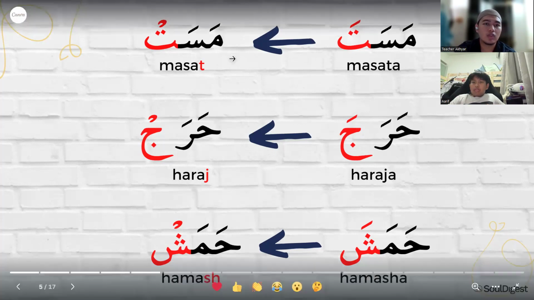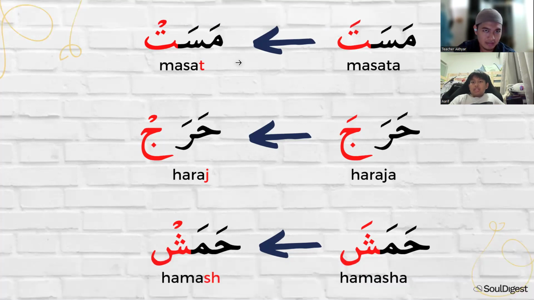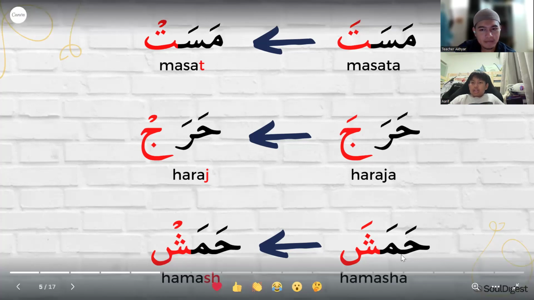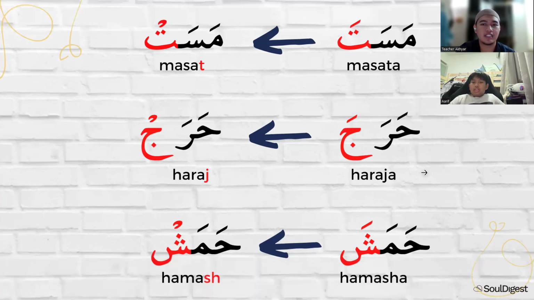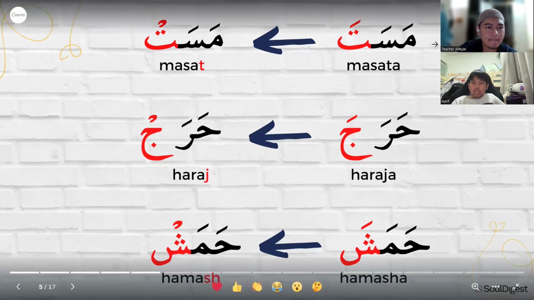But then with waqf, it becomes masat. Okay, correct. And then haraja. Haraj. Hamasha. Hamash. Okay. So very easy. If you see this symbol, then just mute the vowel.